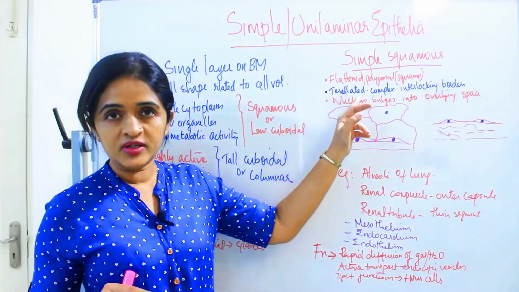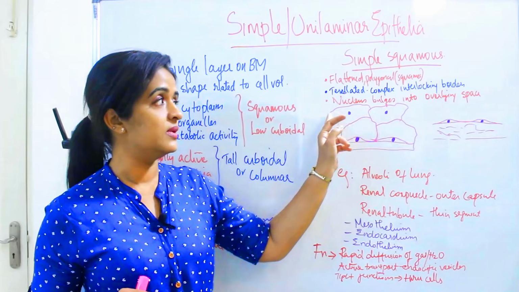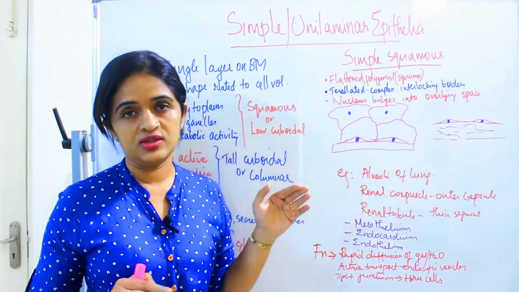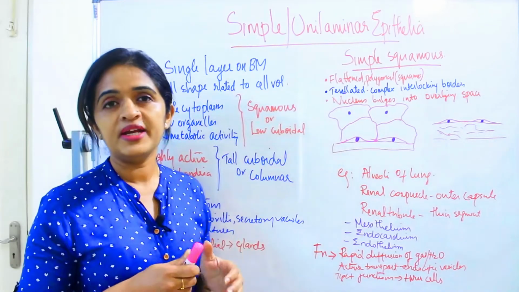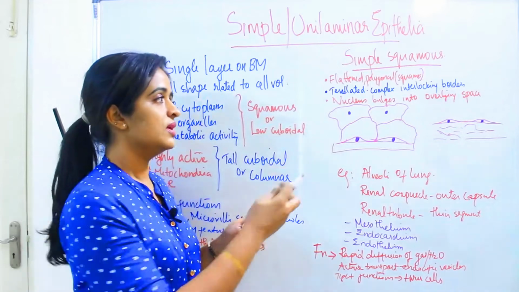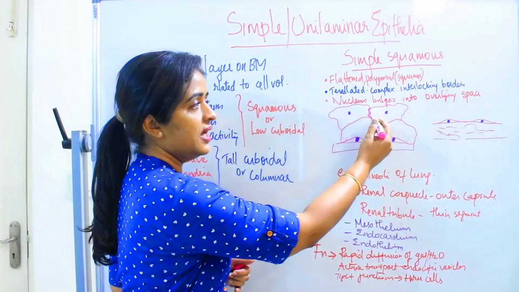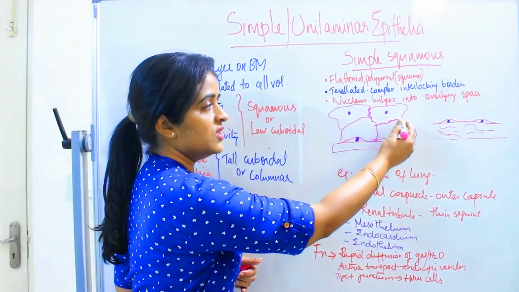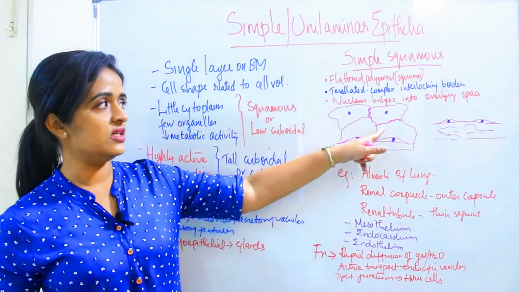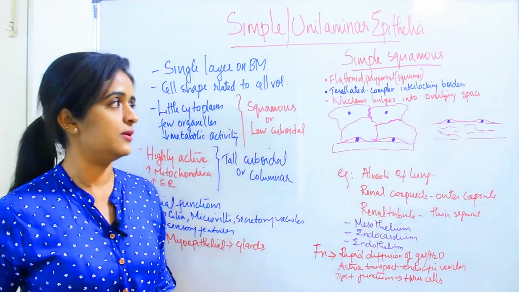Now another important feature of this epithelium is that they are tessellated. Tessellated means complex interlocking borders. So if this is a cell, you can see that in between, the cells are interlocking with each other. This type of interlocking is known as tessellated.